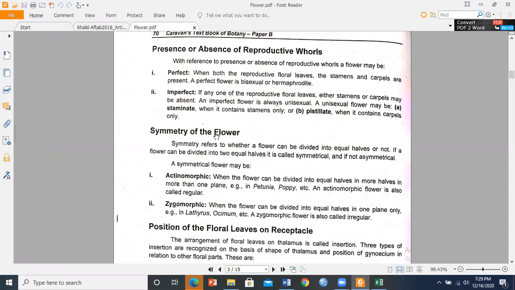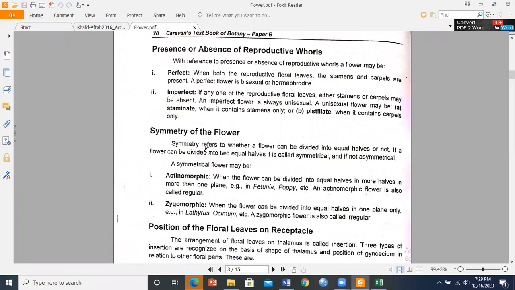In this condition, if any one of the reproductive floral whorls is absent, either stamens or carpels, the condition is called imperfect, and the flower is unisexual. This classification is with reference to the presence or absence of the reproductive whorls of a flower.